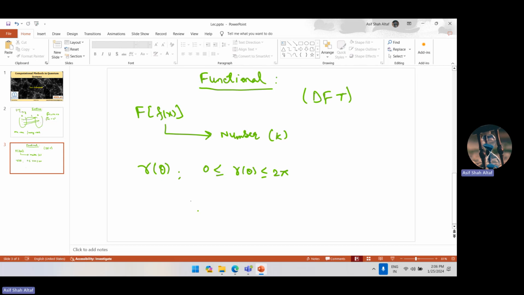Say we are defining a simple curve like a circle, or maybe an ellipse. Similarly, there are many kinds of such curves in 2D which we can define.